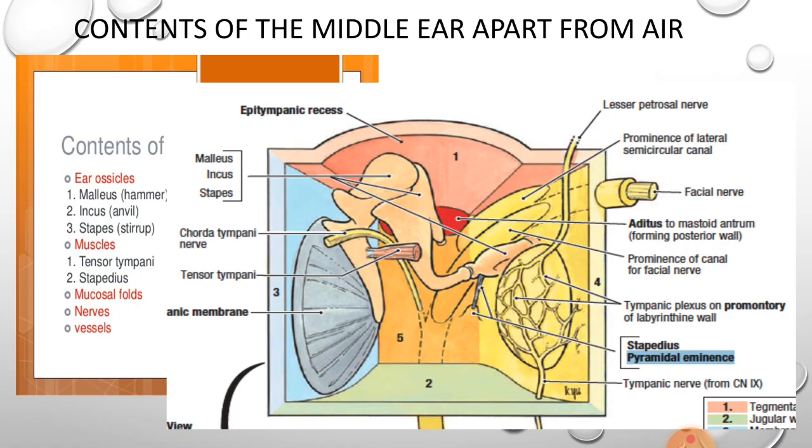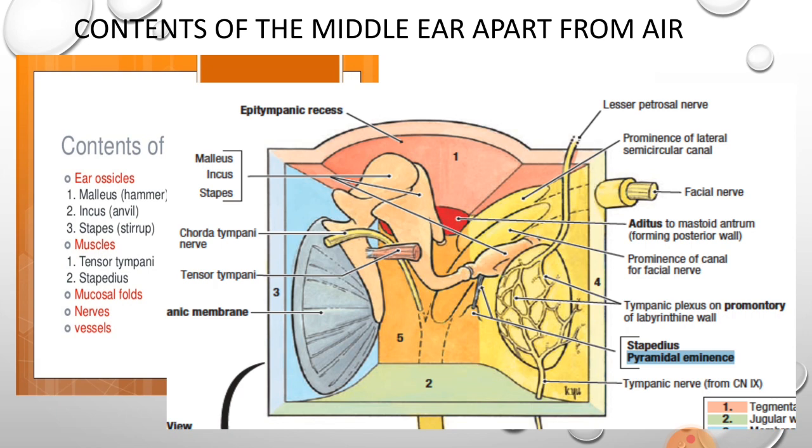Okay, this is very important if we consider the short answer questions, and this is about the contents of the middle ear cavity. We can ask you in the short answer questions to enumerate the contents of the middle ear cavity, and air is the first thing that you must write in the list of the contents of the middle ear cavity.